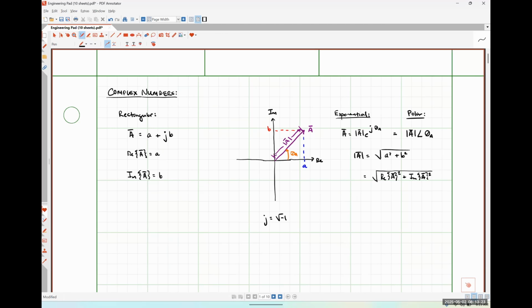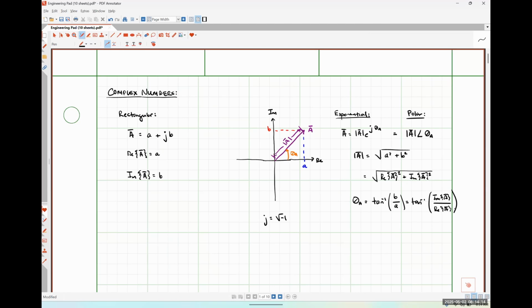Our angle, theta A, again, this is just going to come from simple trig identities, is going to come out to be the arctangent, or tangent to the minus 1, of B over A, which would be more generally expressed as the inverse tangent of the imaginary part of A divided by the real part of A. So we've now expressed our exponential and polar form magnitude and angle in terms of our rectangular parts for our complex number.